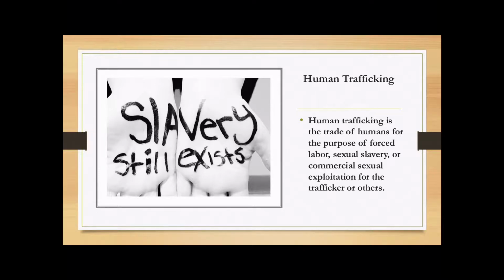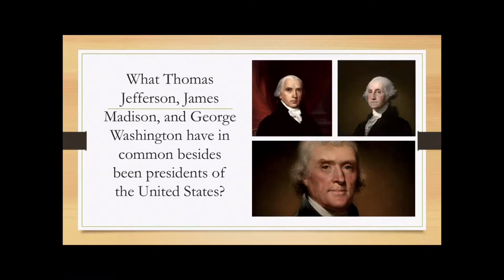Now I will give you a little review before we start going deep into the topic. What do Thomas Jefferson, James Madison, and George Washington have in common besides being presidents of the U.S.? Well, all three of them were slaveholders.